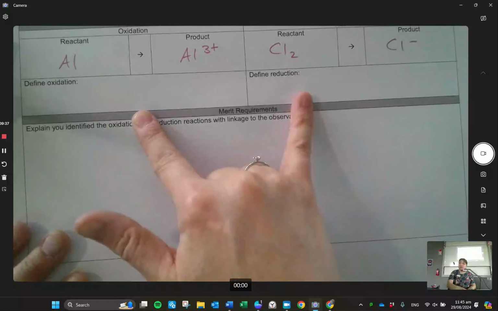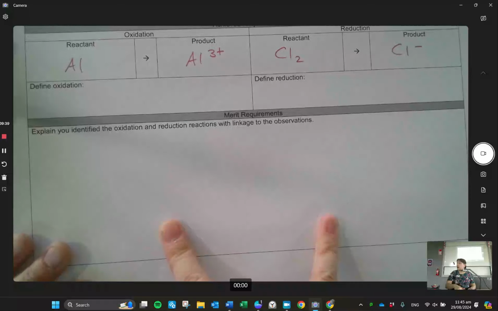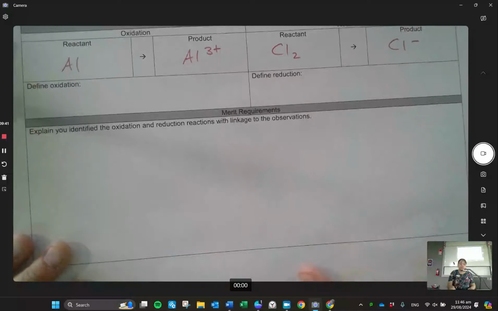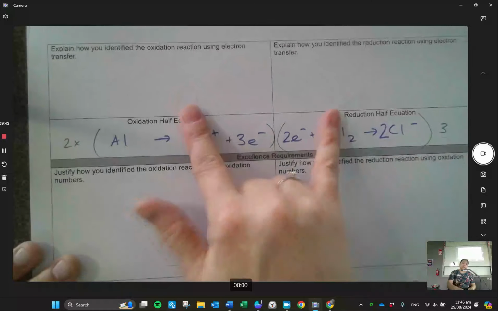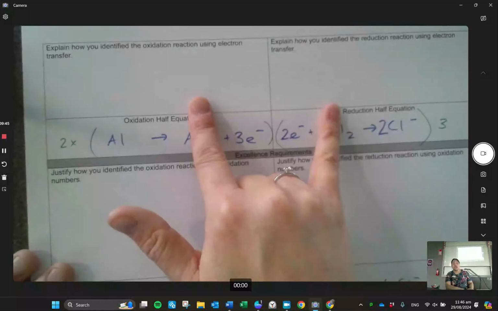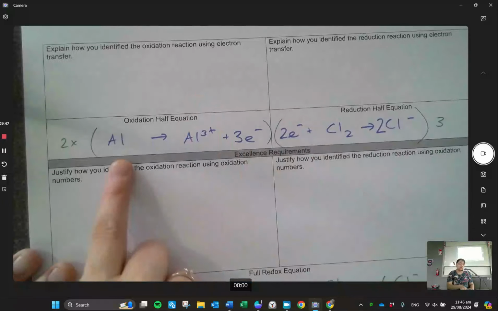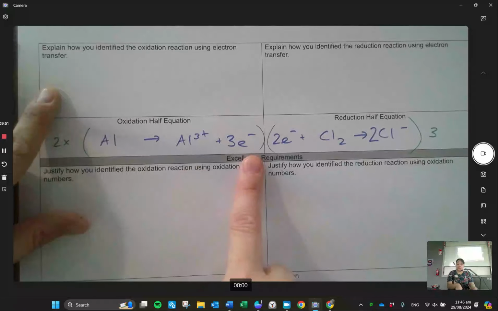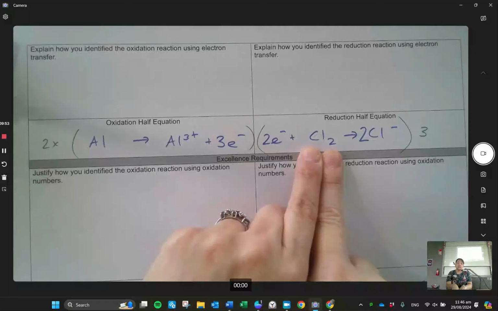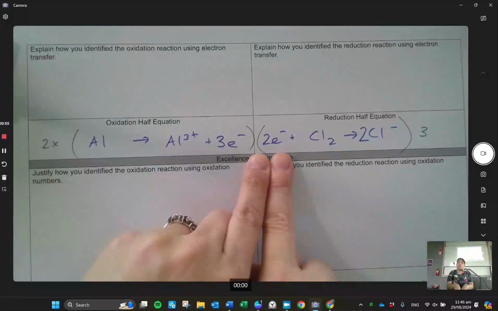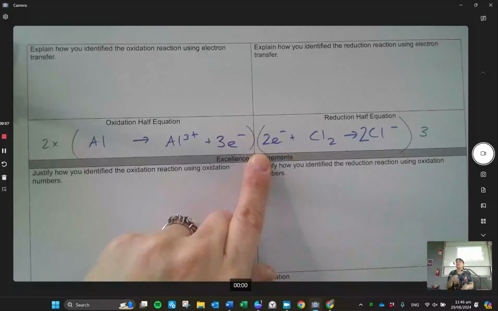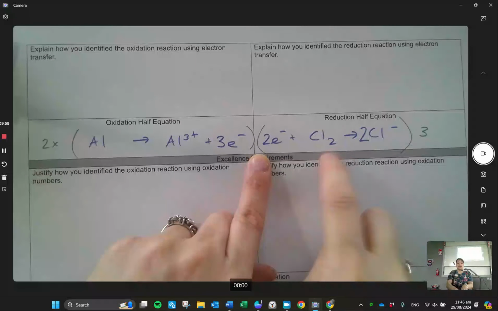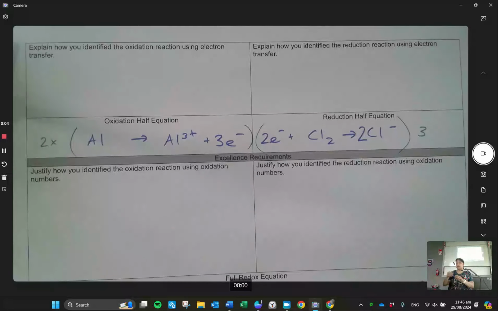Obviously, defining, which we haven't done. Observations is a merit requirement, so telling me how you know what's happening. Defining how you know things are changing with electron transfer, so in this one, aluminium is losing 3 electrons. Each chlorine is gaining 1 electron. Remember, we're talking about it per atom. Just because that's a 2 doesn't mean you have to write 2. I'll write that down just in case.